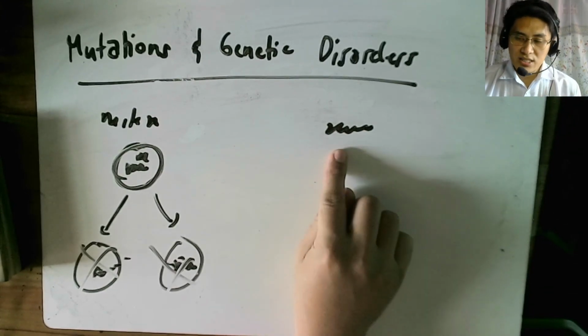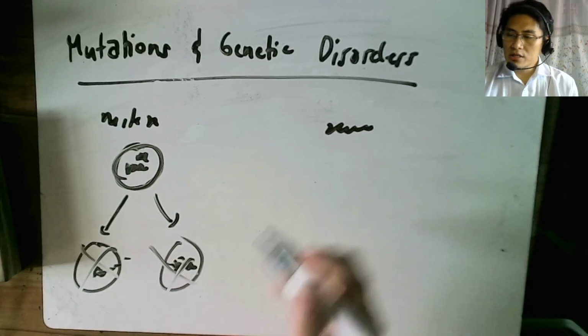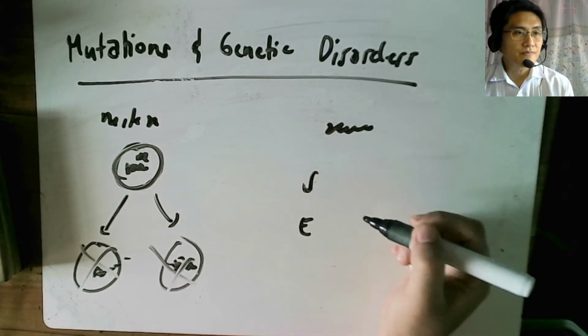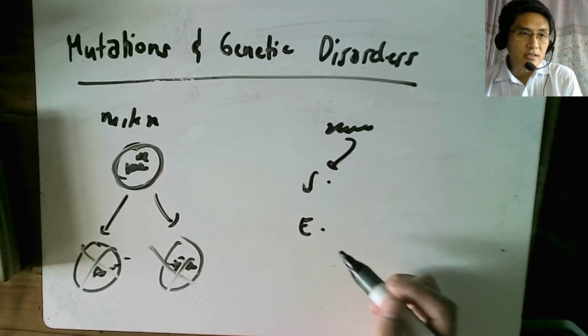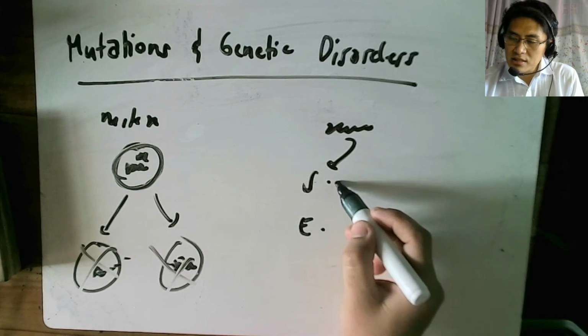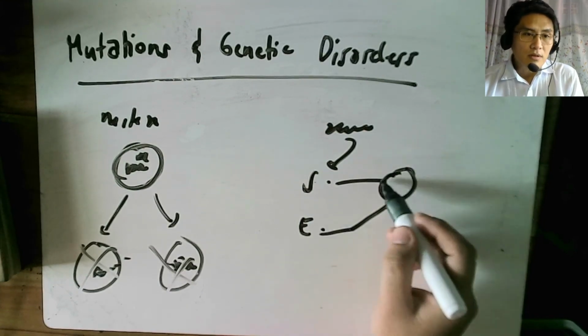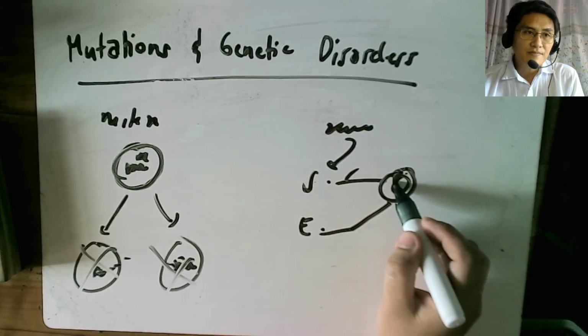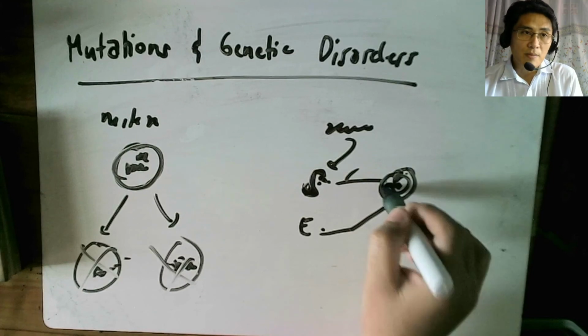But meiosis is different, because meiosis affects your sperm and egg cells. If you have a mutation and it goes to the sperm cell or egg cell, and unfortunately that sperm gets to fertilize an egg cell, then the mutation in that sperm cell gets passed on to the baby.